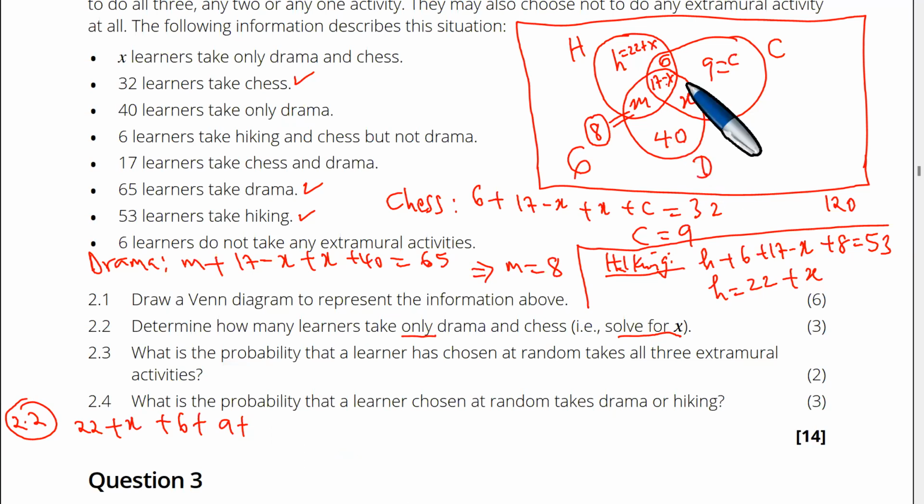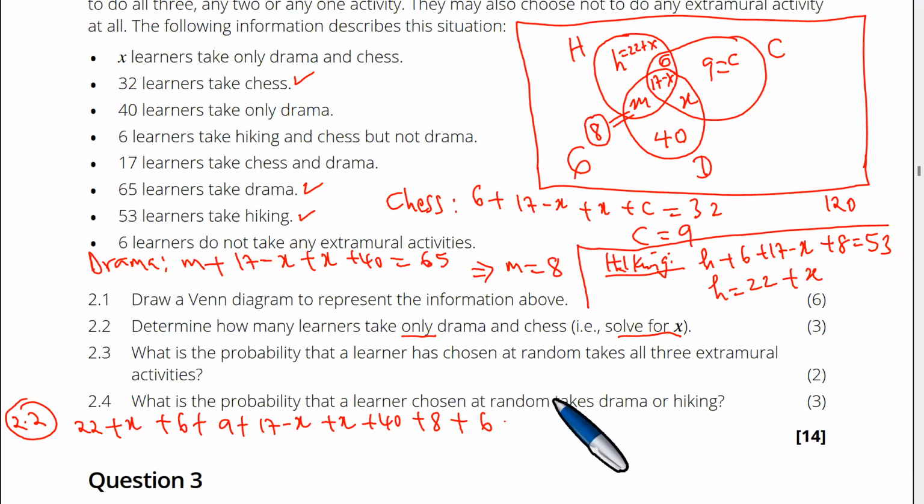After you've added 9, you add 17 minus x. After that, you can add x, which is this one. After that, you add 40, which is this one. After that, you add 8, which is this one. After that, you add outside this one, because we have pretty much added everything. Then we add 6, those that do nothing. They don't do any of the 3 extramurals.